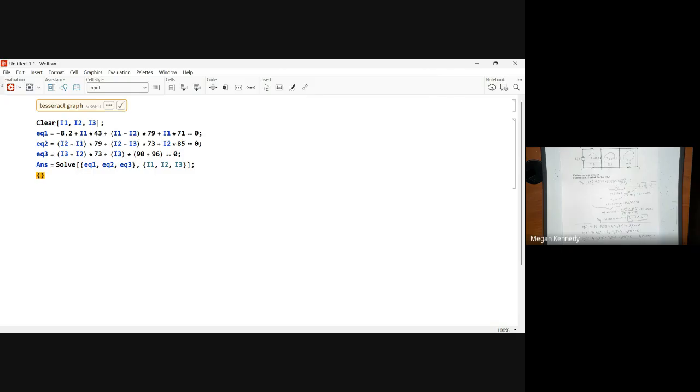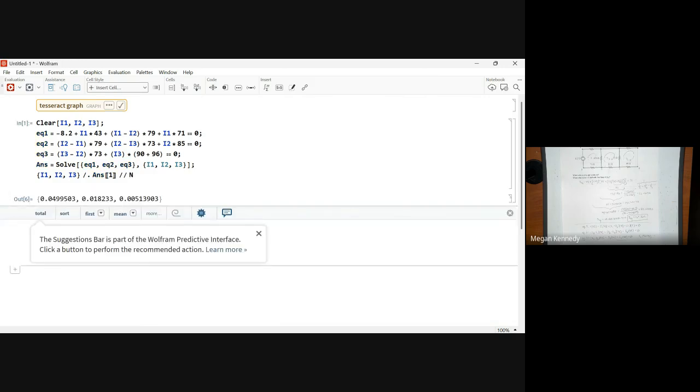And in this last line of code, I like to pull the variables out of that so that in the future you can use these variables to solve for other things. So we have I1, I2, I3. And that should then solve for our currents.